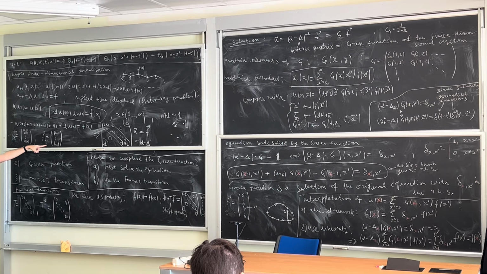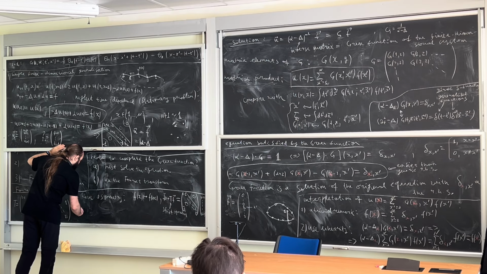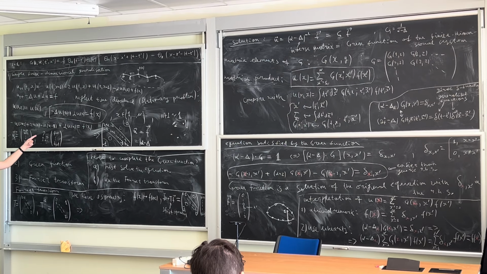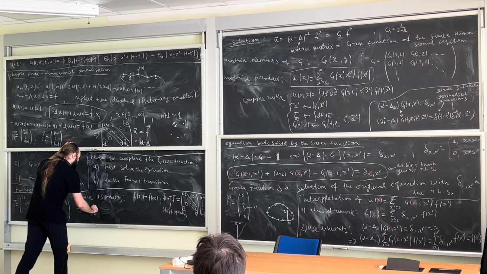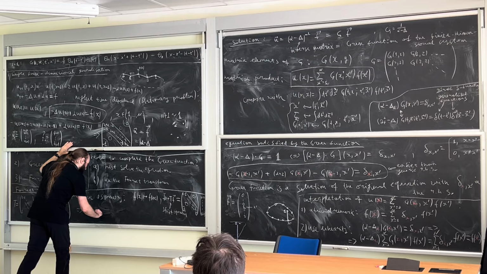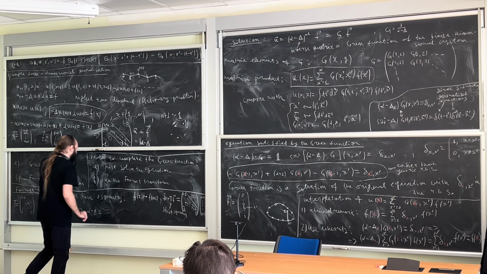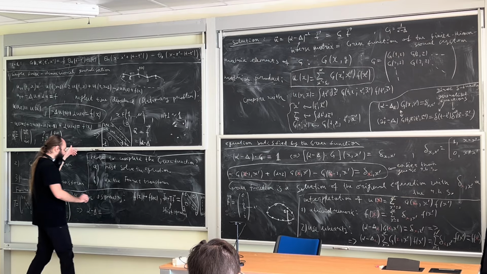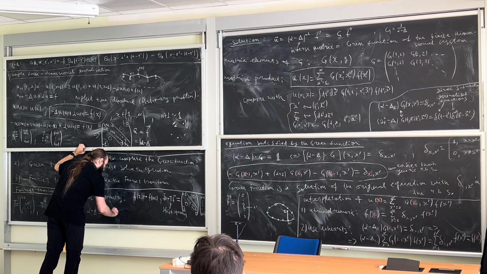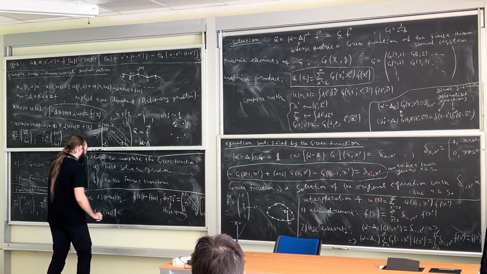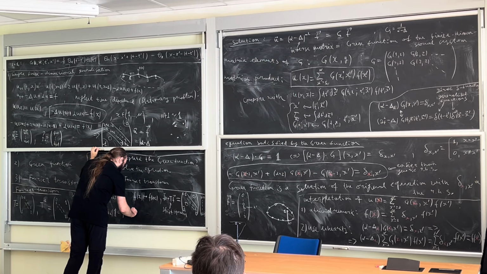And if you look at our equation, then we realize that this operator alpha minus Laplacian can be written as 2 plus alpha times identity operator minus T minus T inverse.